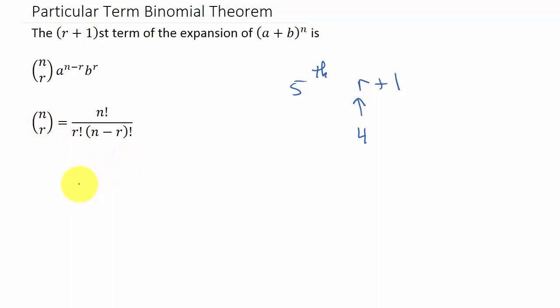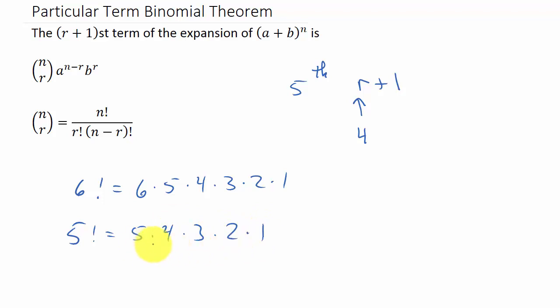If you have, say, 6 factorial, 6 factorial is 6 times 5 times 4 times 3 times 2 times 1. 5 factorial would be 5 times 4 times 3 times 2 times 1, which is 120. But that's what factorial is.